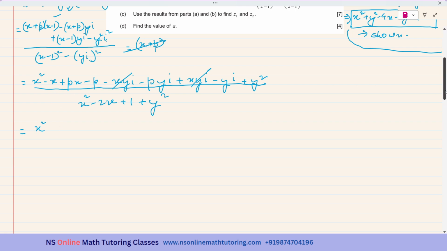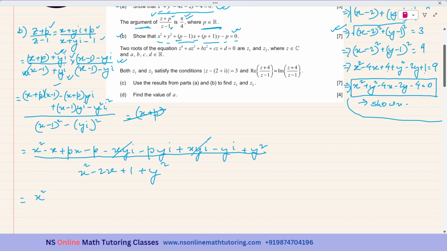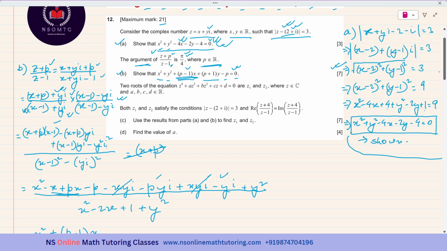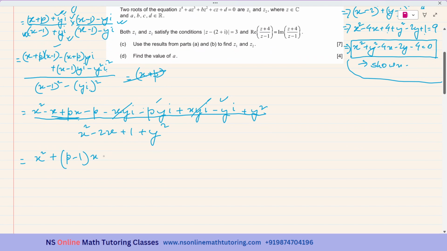Over here they have taken plus (p minus 1). This is what you have to notice. What have they taken? p minus 1 and there's a plus sign. So I'll be doing exactly the same thing. So it is plus, I'll be taking these two, (p minus 1)x, and then I can take these. And over here I am seeing it is p plus 1. Of course, I'll be getting a negative sign over here, but anyway, I am keeping the expression within the bracket as p plus 1.